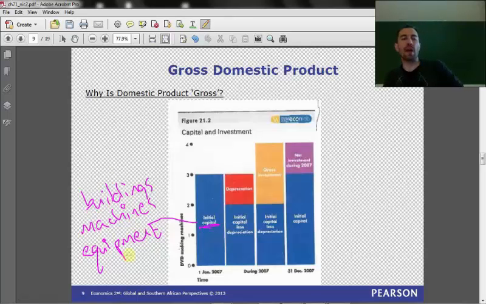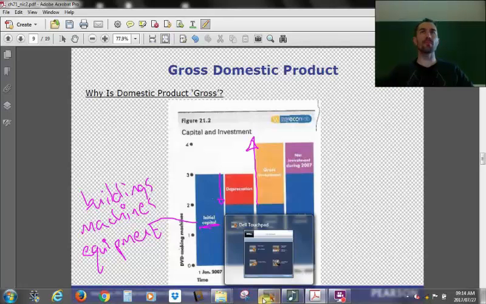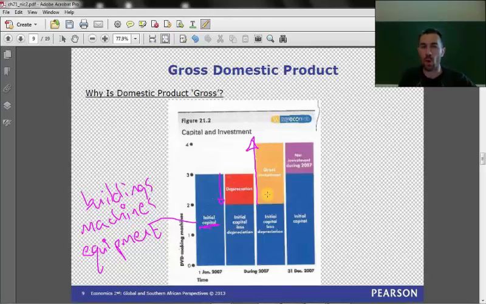So if I have some value of buildings and machines and equipment, and during a period I use those buildings, machines, and equipment, they will depreciate. So their value will go down by a little bit. But if I build new buildings and machines and equipment, then my total amount of capital will increase. Everyone with me? This yellow block is called gross investment.